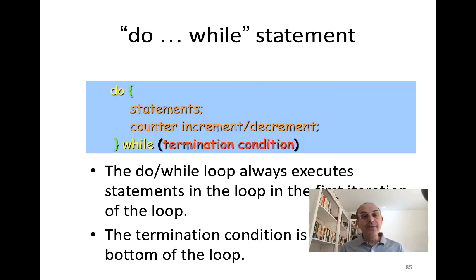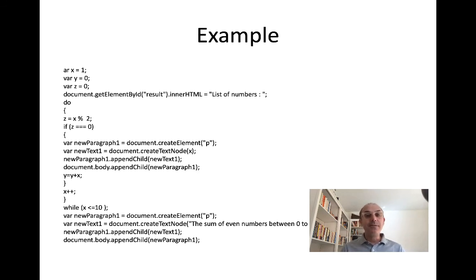The do while statement is again the idea of executing a statement in a loop. In the first execution of the loop, the ability to create a determination condition is placed at the bottom of the loop. So in this case, I declare x, y, and z.